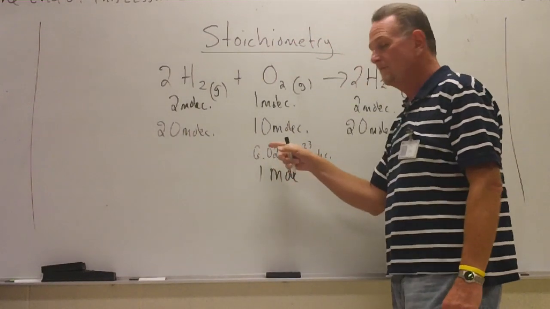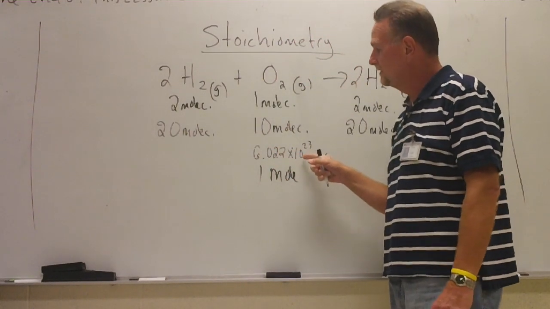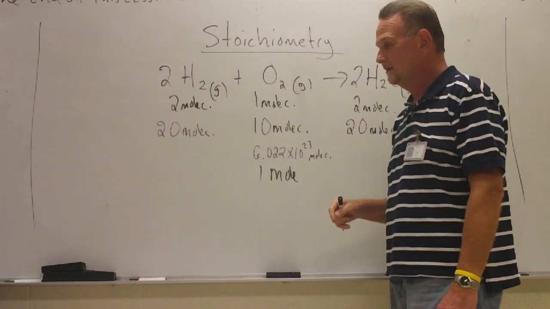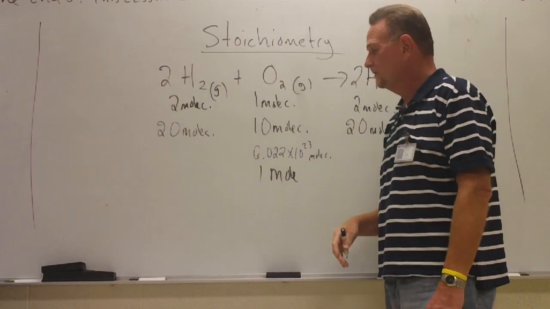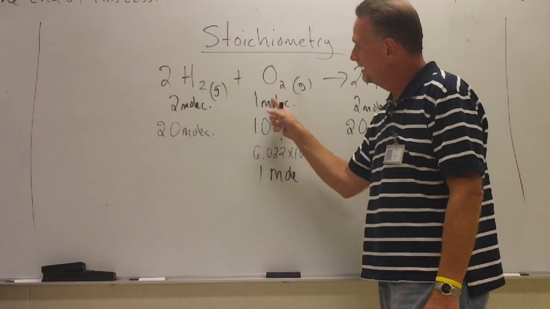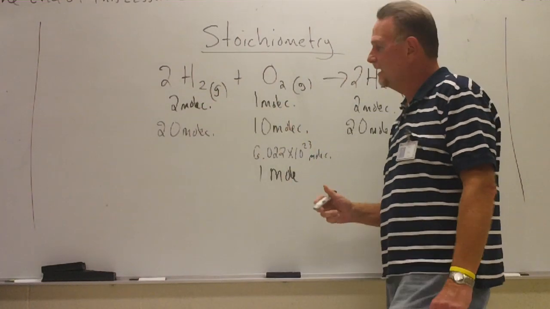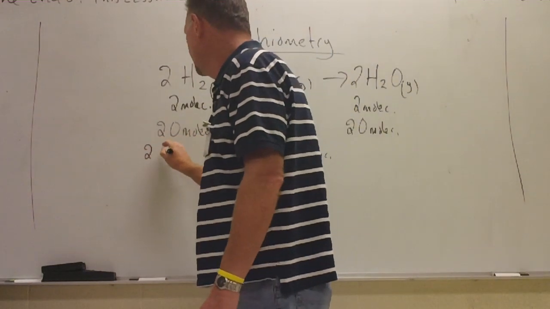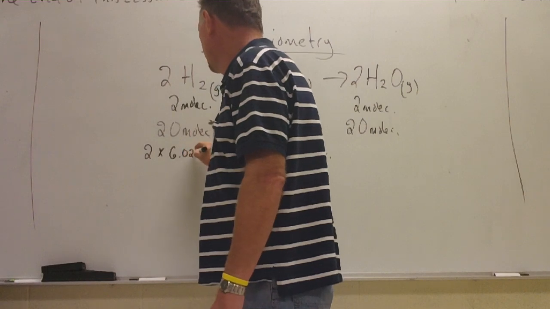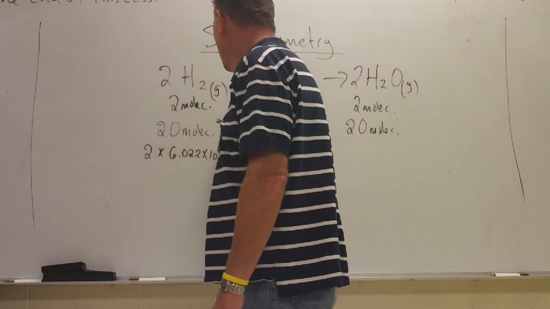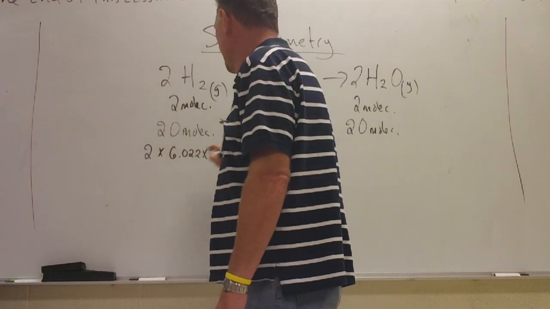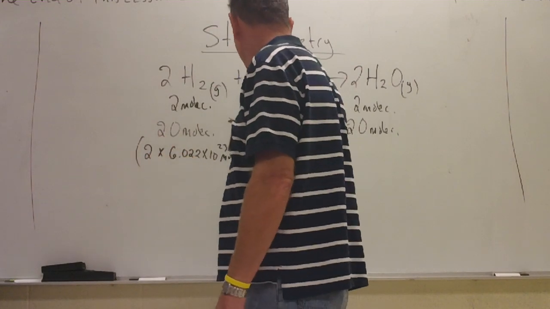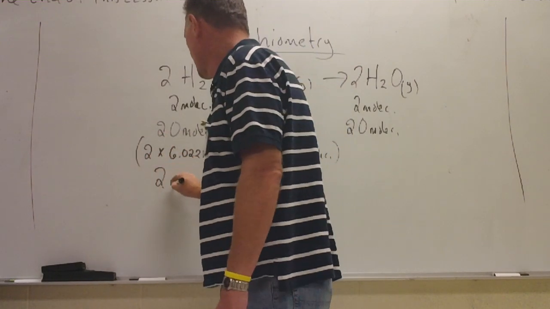So if I have 1 mole of oxygen molecules, how many hydrogen molecules will it take? Well, if the relationship stays true, and it does, it should be 2 times 6.022 times 10 to the 23rd molecules, which of course, as we know, is 2 moles.